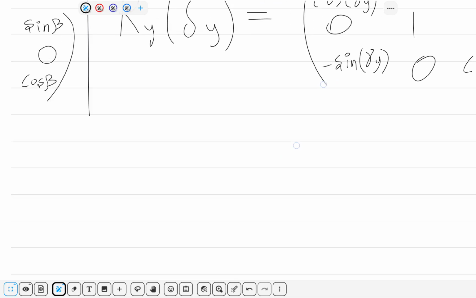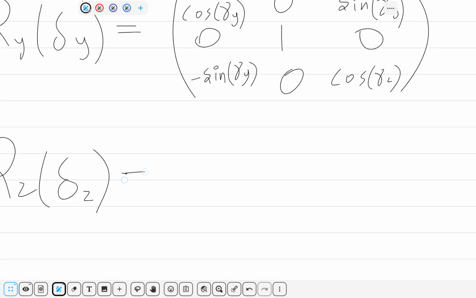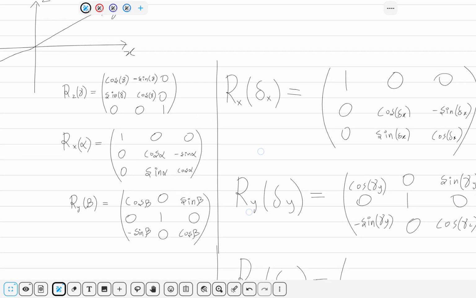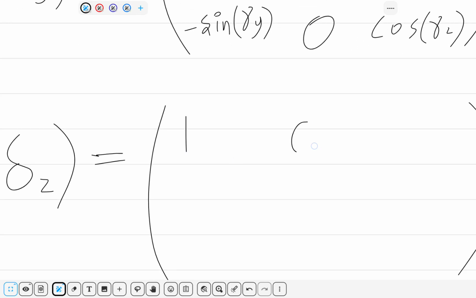Let me also write down the z now, a small angle displacement in the z direction. I didn't have to do that, I could have just assumed that alpha, beta, gamma are small. This was unnecessary, fine, but I have started.